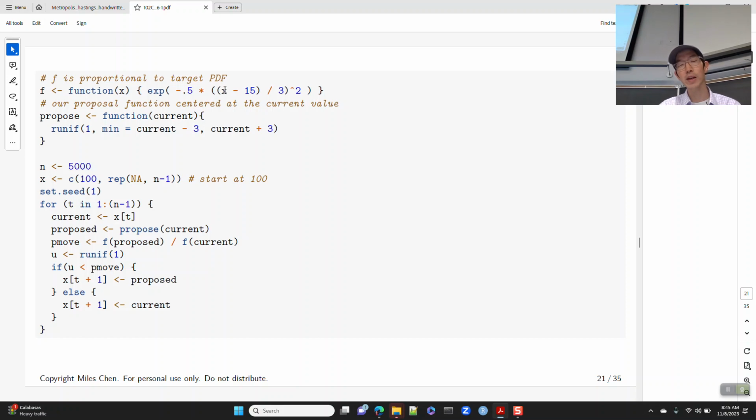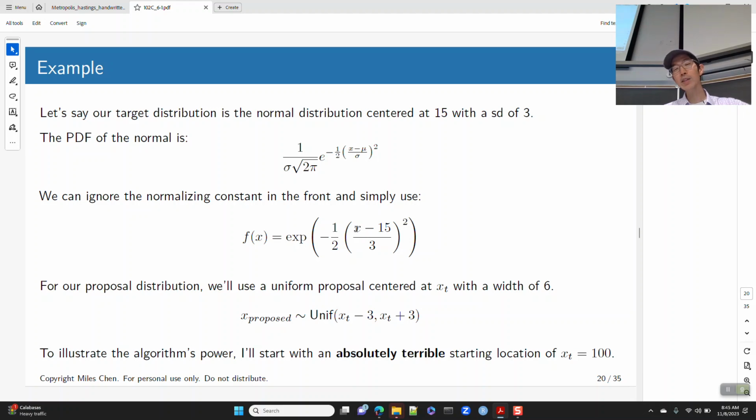We can see that if I start off at 100, as long as x is greater than 15, whenever I propose a number that's closer to 15, this f of x is going to get larger, because here I've got x minus 15 quantity squared. And then eventually I might get to x at 15. Now, when I propose values going away from it, we're going to get values that are a little bit smaller.